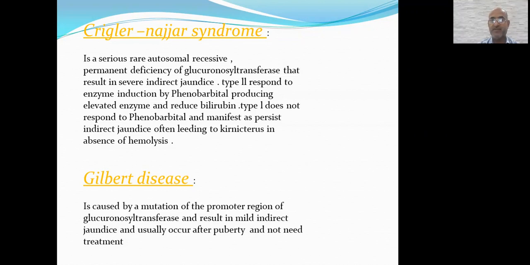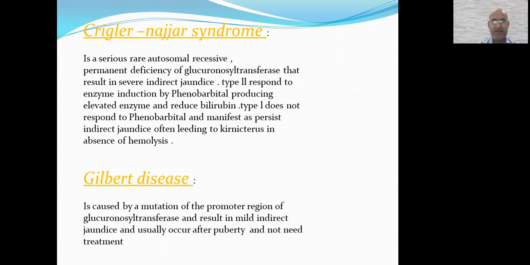And we have type 2 with a little glucuronidase enzyme. Here in type 2, we can add an enzyme inducer like phenobarbital to increase the level of glucuronidase enzyme and reduce the indirect bilirubin.